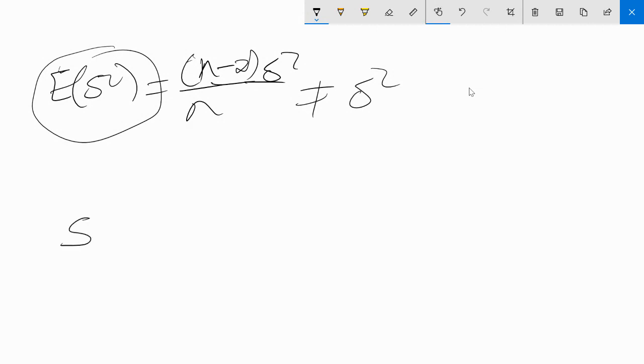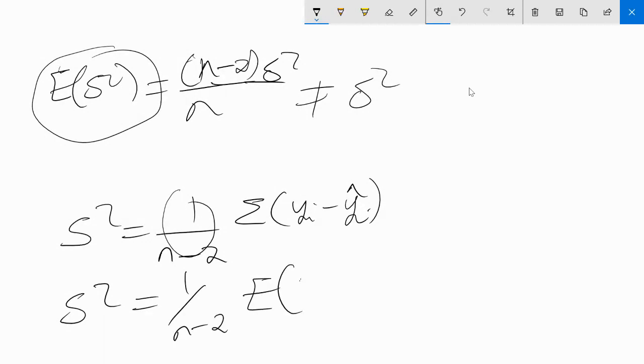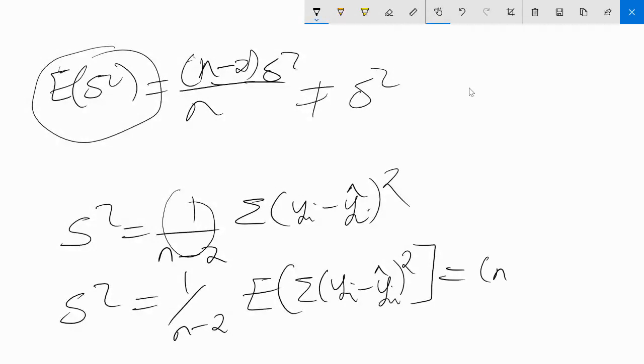But if we take our s, which is equal to 1 over n minus 2 times the summation of yi minus yi hat squared, we know that this is constant, and we know that the expected value of this part is what we just obtained, n minus 2 sigma squared.